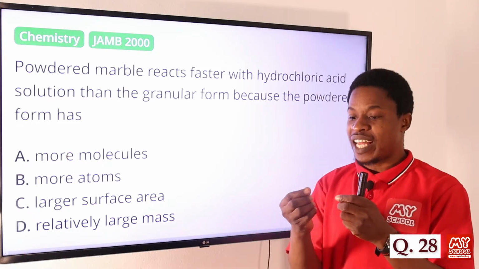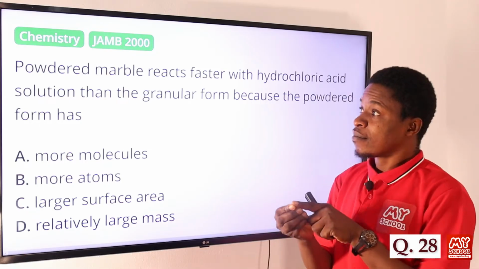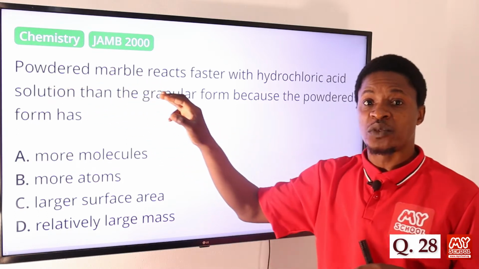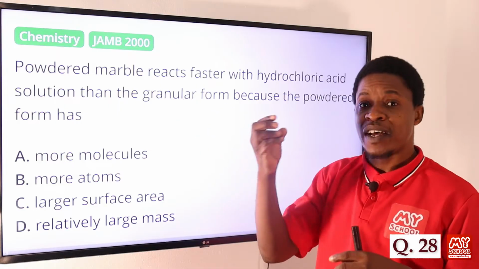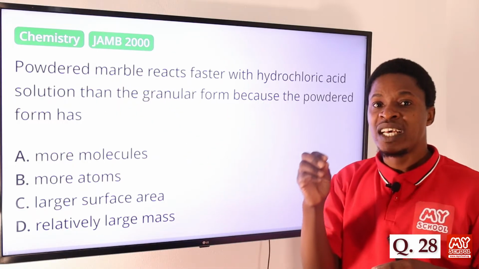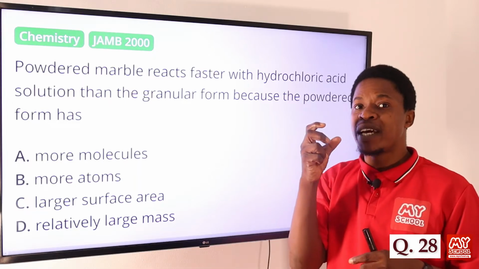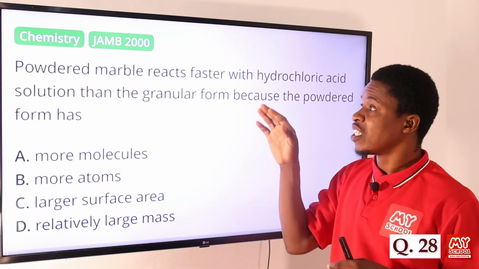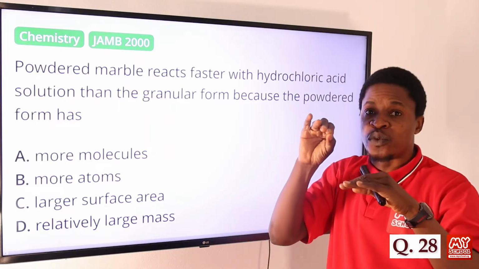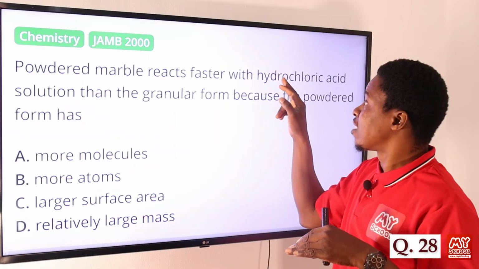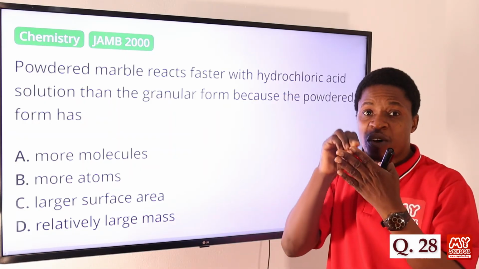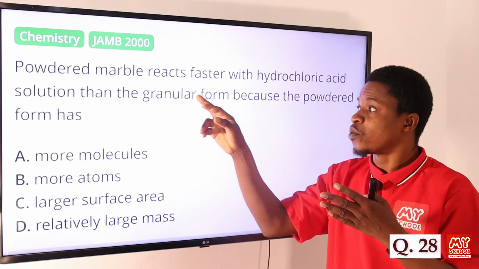Those in granular have particles that are bigger compared to powdered form. Those in powdered form are in smaller particles. So the reaction will be faster because the surface area of those particles is going to react speedily with hydrochloric acid, because it spreads. It tends to react on the surface of each of those particles compared to this one.